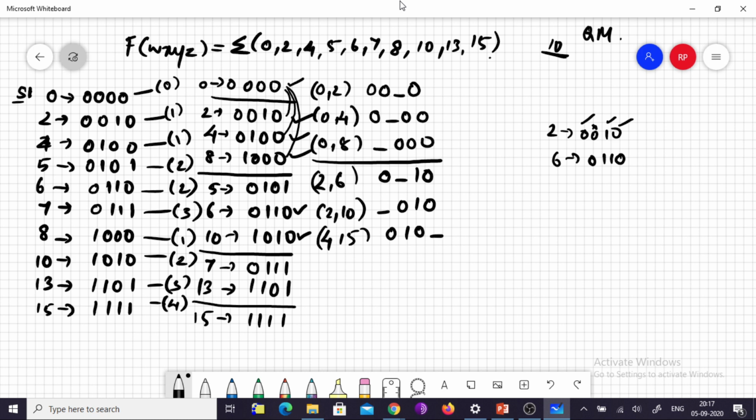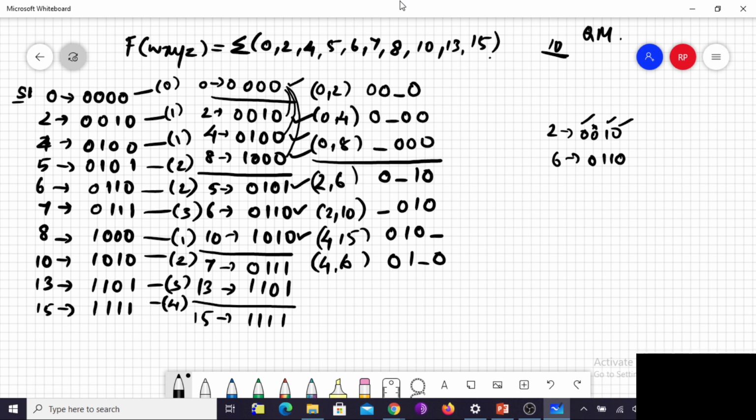I will mark 4 and 5. Since 4 is already marked, I am not marking it again. Now take 4 and 6, which gives you 0, 1, dash, 0. So 4 and 6 is also a proper group. Now comparing 4 and 10, I have a 2-bit change because the first bit is changed and the second bit is also changed. So I am not going to group them.